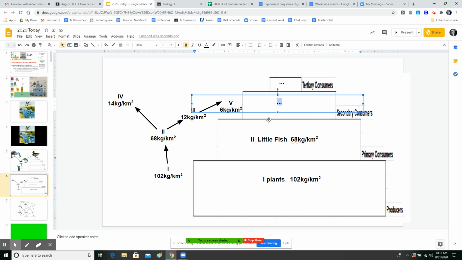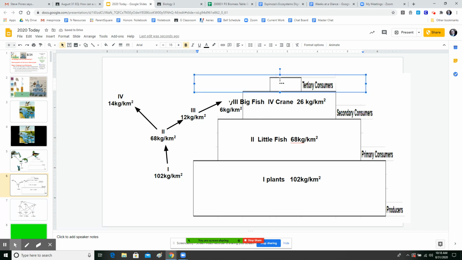So 3 was the big fish, and 4, Roman numeral 4, is the crane. That's a type of bird. And then their total biomass, if you combine them, is 14 plus 12, 26 kilograms per kilometer squared.